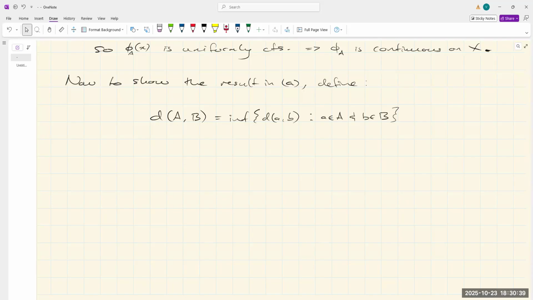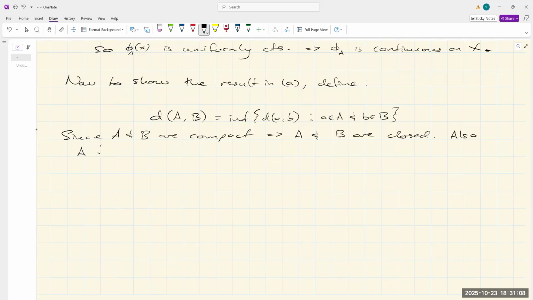And so since A and B are compact, this implies, so compact implies closed. A and B are closed. Also, and what do we know?